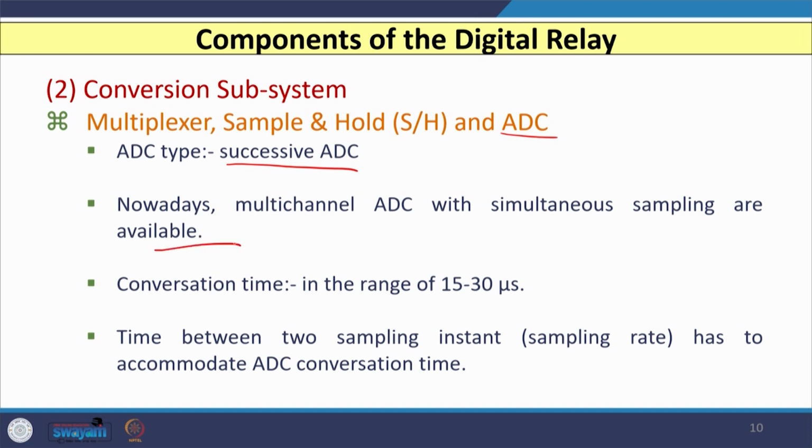The conversion time of the ADC is in the range of 15 to 30 microseconds, and whenever we consider this conversion time, we also have to see that the time between two sampling instants is accommodated. That means your ADC is capable of performing all the calculations within this sampling interval.